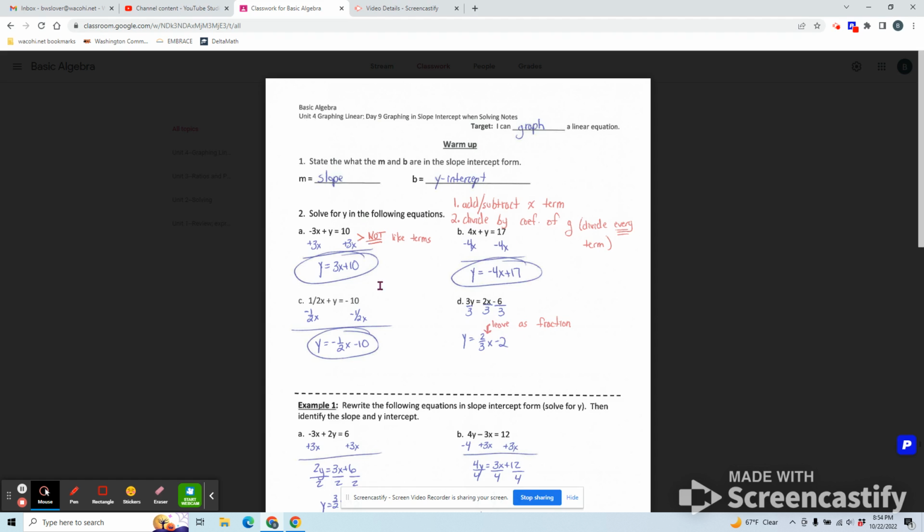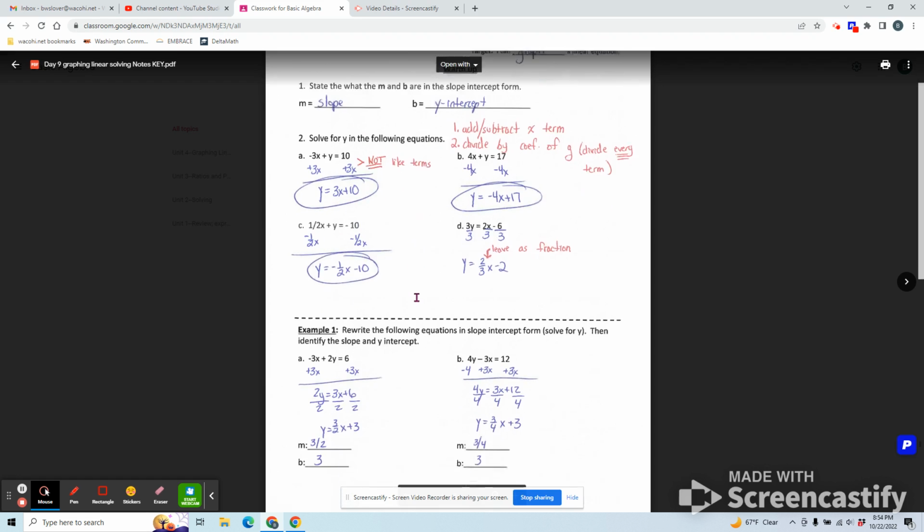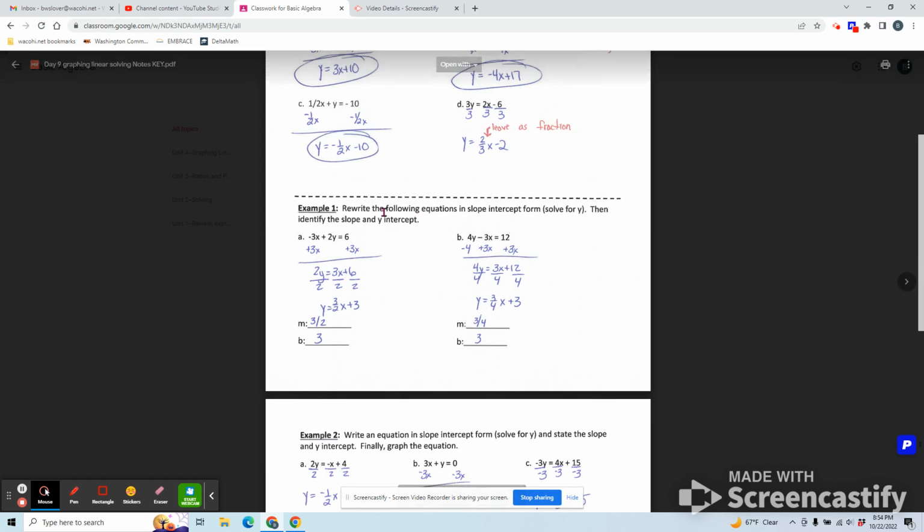So this is what we're doing for part of the lesson down here. It says, rewrite the following equations in slope-intercept form, then identify the slope and y-intercept. Pretty much it's the same thing as the warm-up, except I'm adding in identifying the m and the b. So my two steps for success are still the same. Add or subtract the x term, and then divide everything by the coefficient of the y.